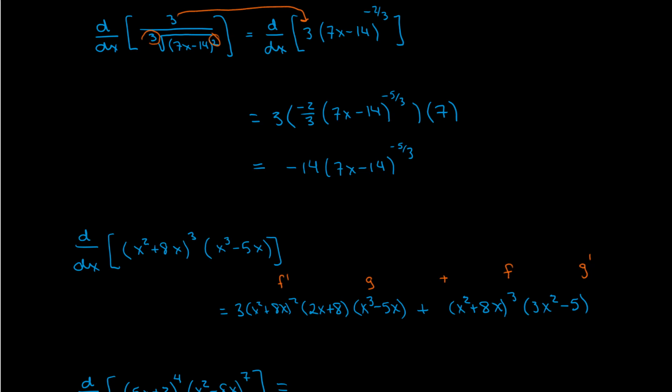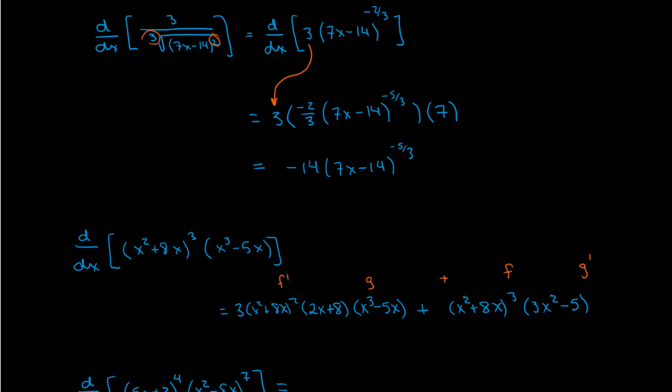To compute the derivative of this now, we're just going to bring the 3 along. The 3 is the coefficient, just comes along for the ride, if you would. The rest of this, I need to use the chain rule on. First, I'm going to do the outside part, leaving the 7x minus 14 alone.